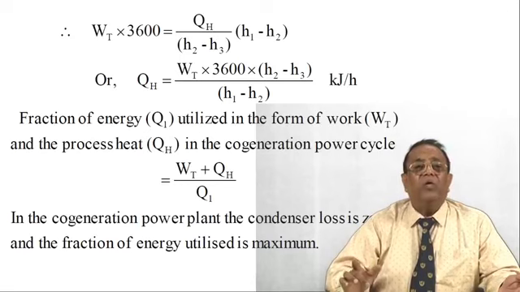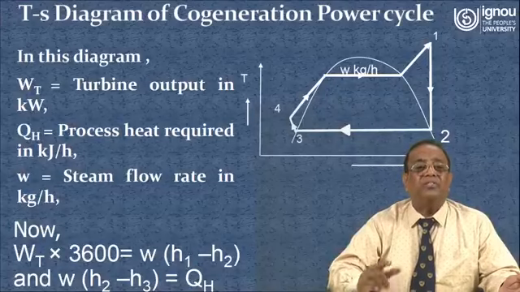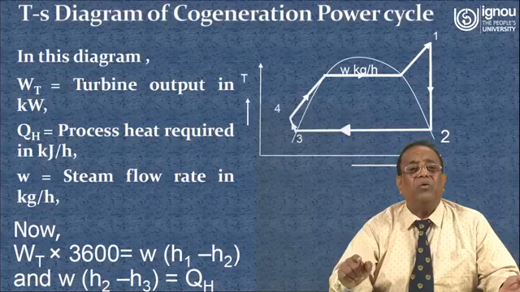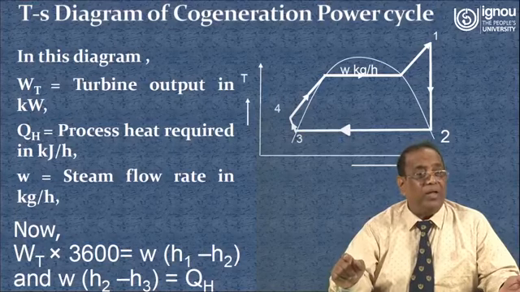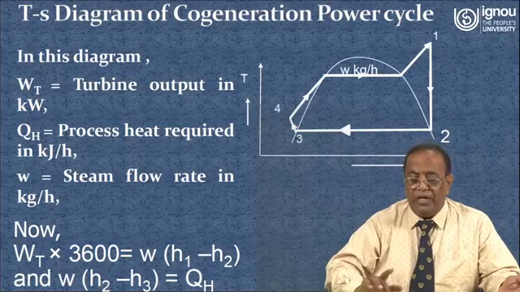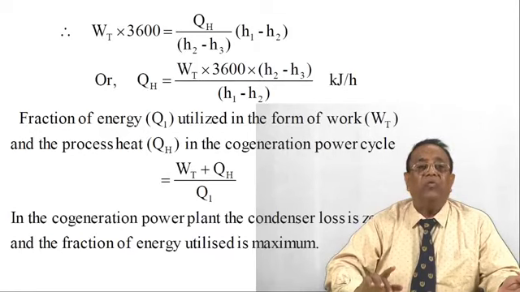So, w is equal to QH divided by H2 minus H3. Put the value of w in the first equation, then you see how we can get the heat recovery in the process heater, that is QH.